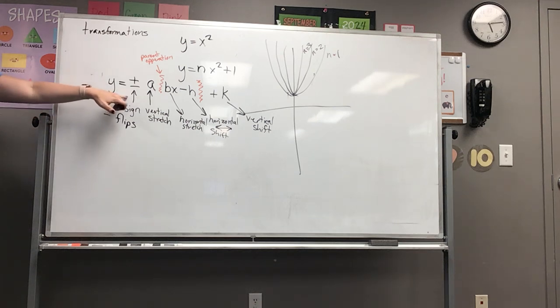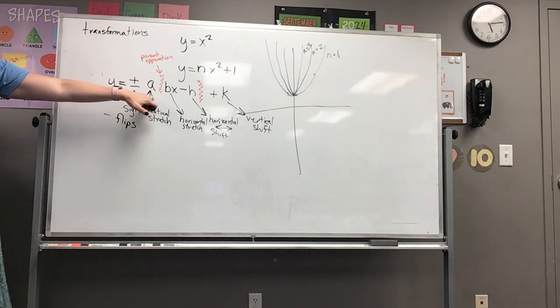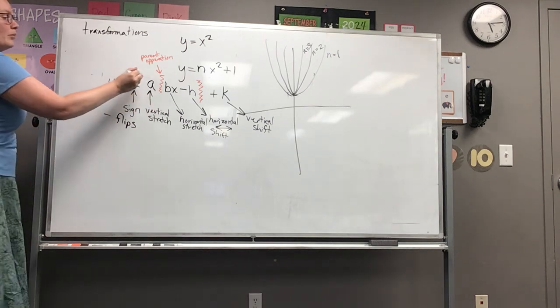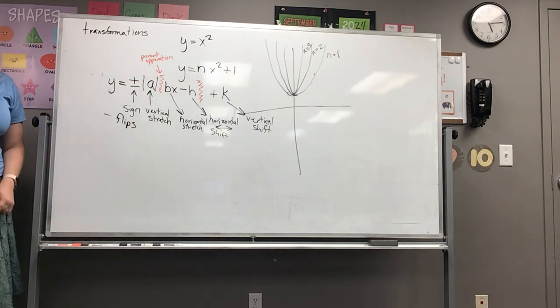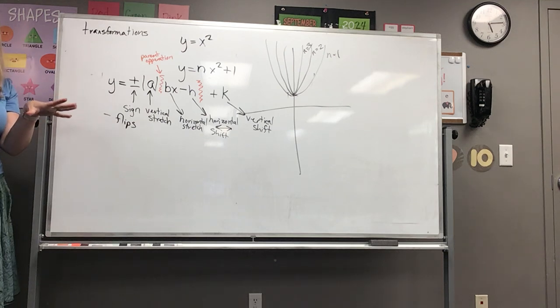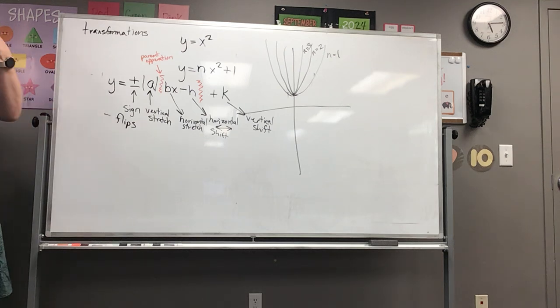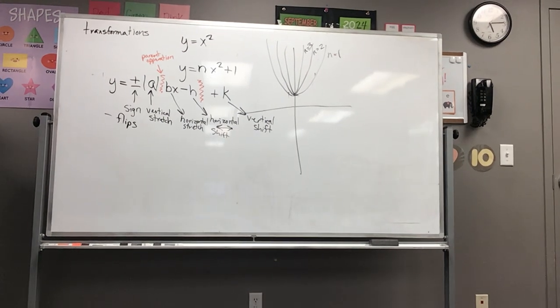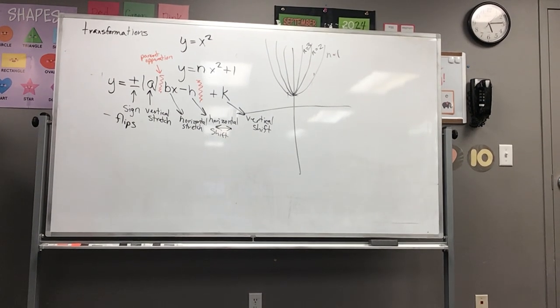I want you to think of the sign and then the magnitude of this number as two separate things because they do very different things within that transformation. And so if you can separate them out, pay attention to the sign, positive or negative, it does this flip, and then you look at how big the number is, it makes your life a lot easier.